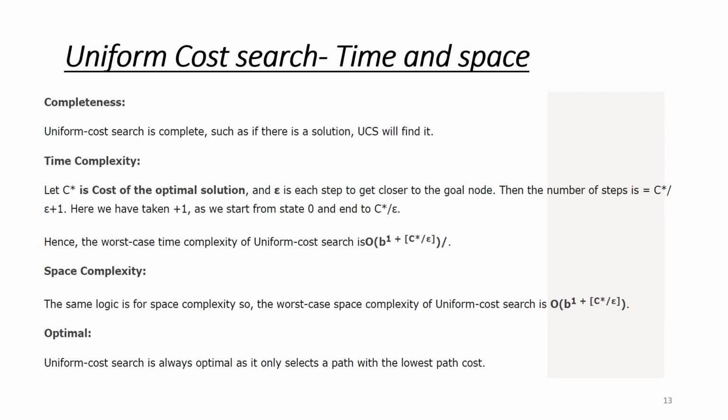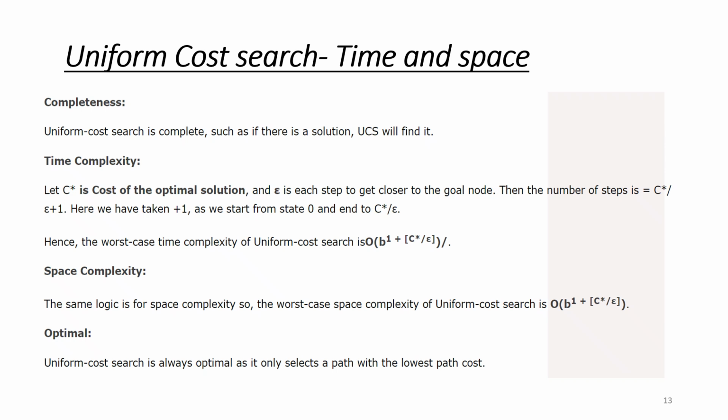And next one, space complexity. Space also has some complexity because of the worst case, because it takes a lot of time to analyze the low cost of the process, so that's why it will take more space also. Every node we want to check, and only then can we decide which is the minimum value.